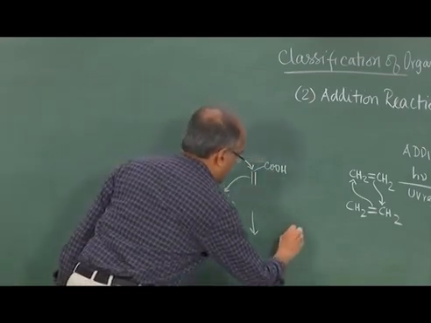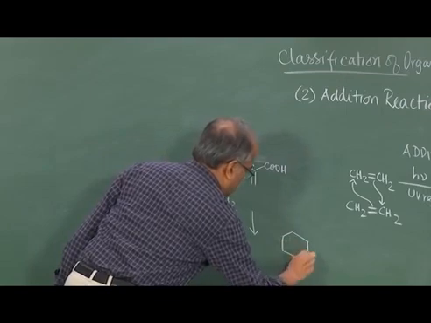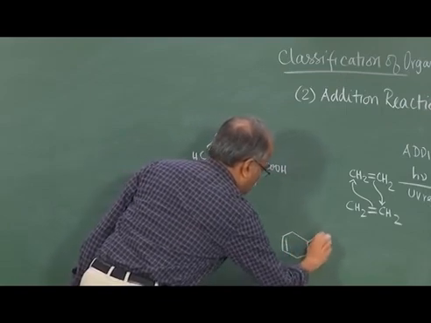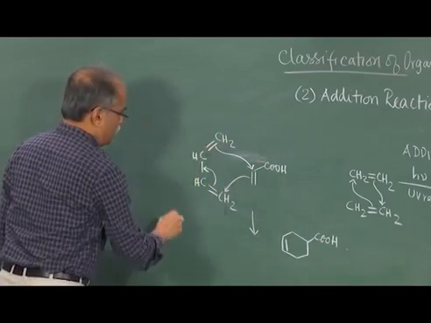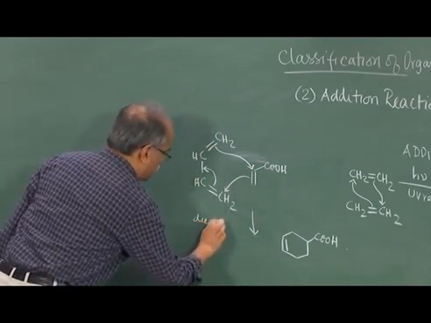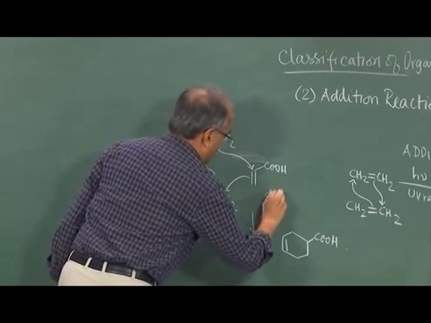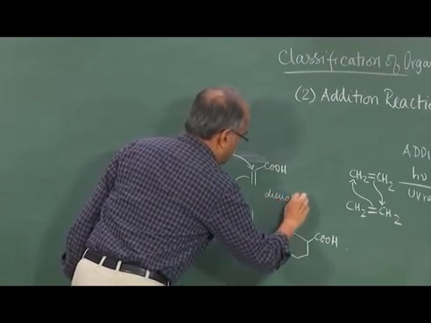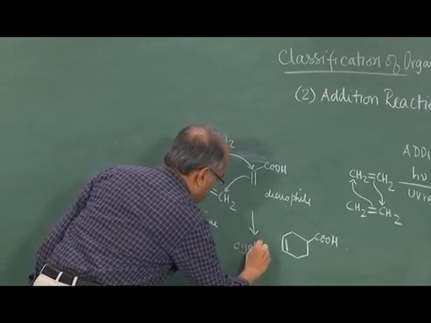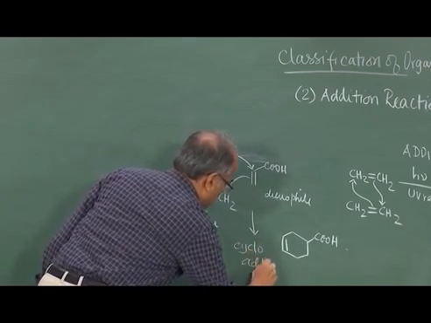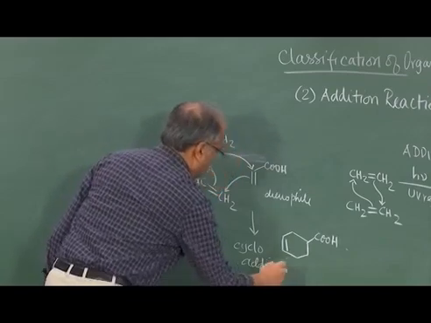So, this will essentially produce a cyclohexane derivative. This 4 carbon unit is a diene and this is a dienophile, and they undergo a cycloaddition reaction to produce a cyclic compound.